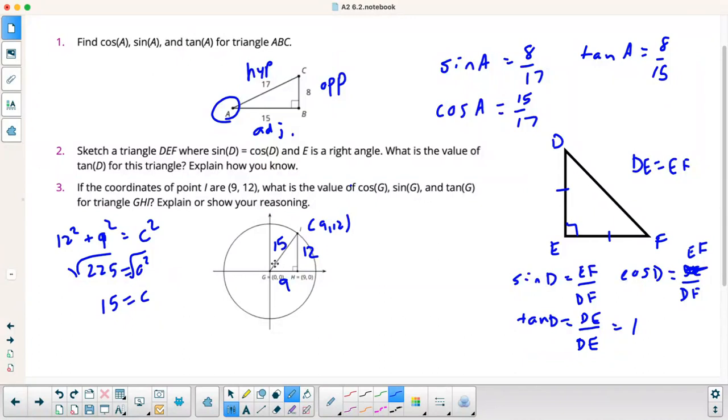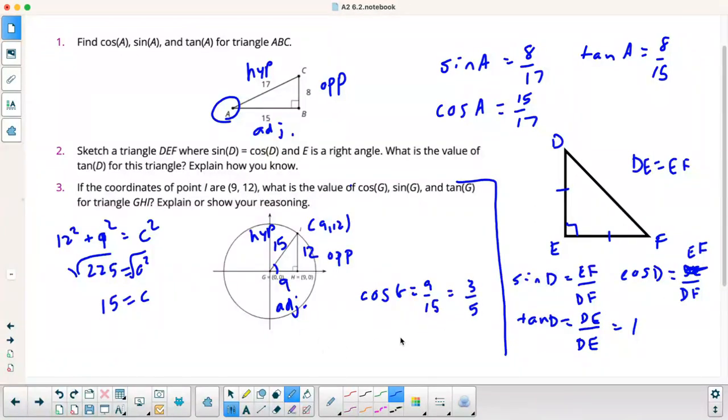So here's my angle right there. So this would be my opposite leg, adjacent leg, hypotenuse. So the cosine of G is going to equal 9 over 15, which if I reduce that, it's going to be 3 over 5.